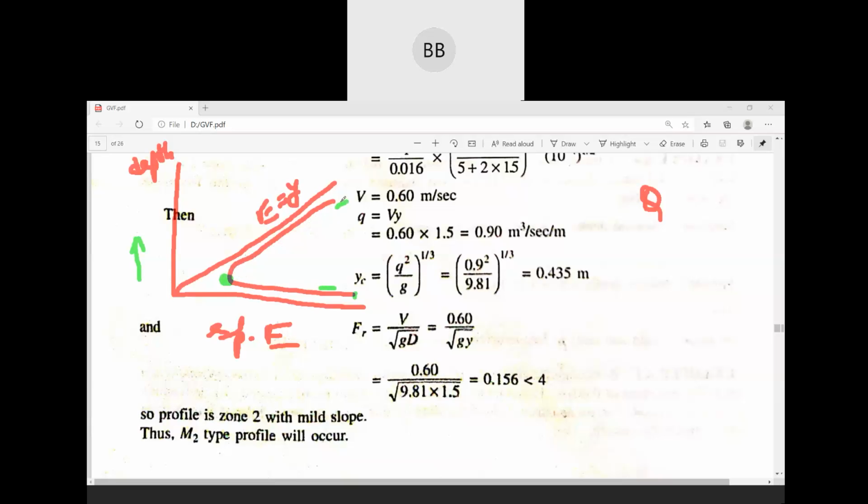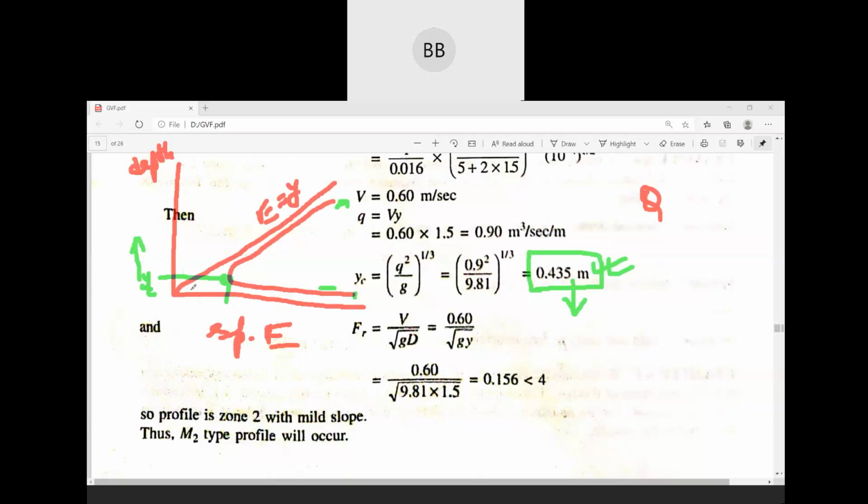This point is called our minimum specific energy, and the corresponding depth is called the critical depth, or YC. In our case, the minimum specific energy is at a depth of 0.435 meter, because we have already calculated the YC value. For this depth, whatever energy you calculate will be the minimum specific energy in that case.